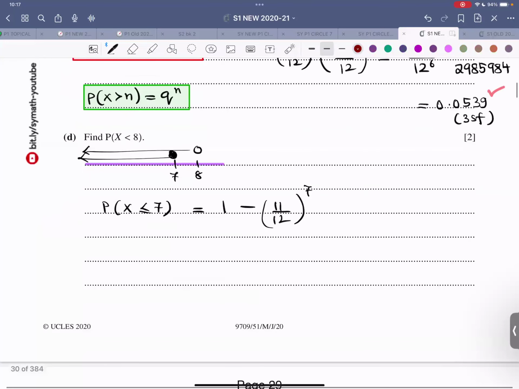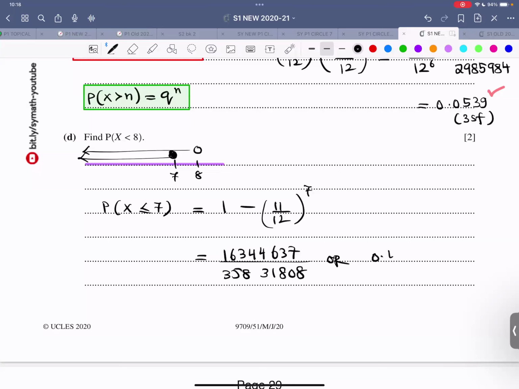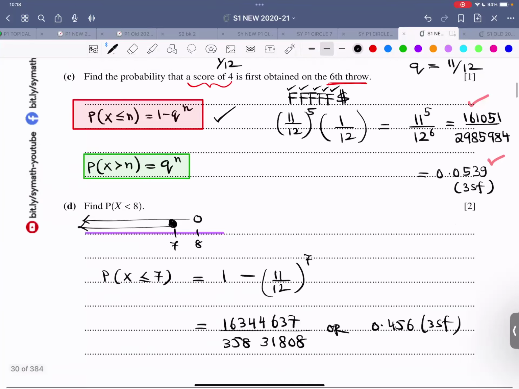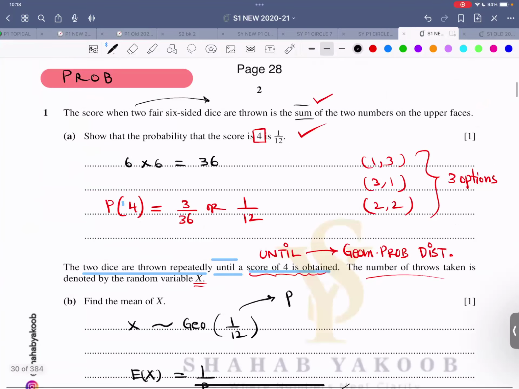And this one, 1 minus 11 over 12 raised to the power of 7. This comes out to be 16,344,637 divided by 35,831,808, or that is 0.456, correct to 3 significant figures. So that's how this particular question is done and dusted.